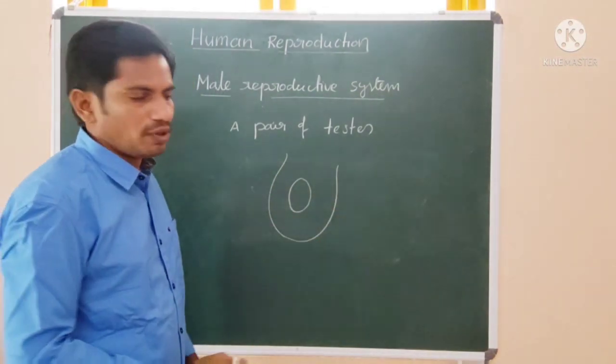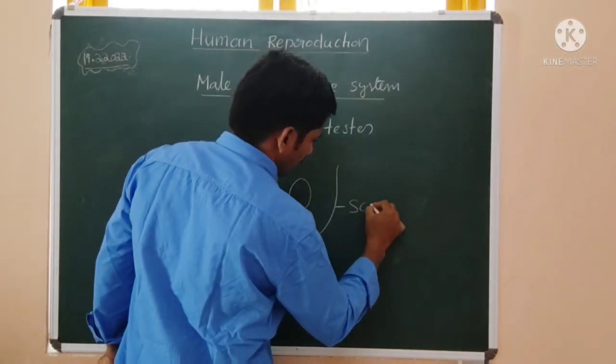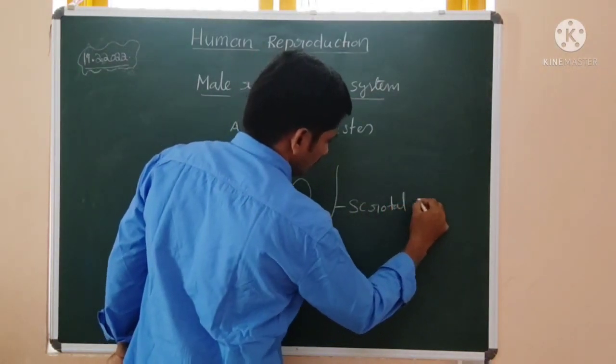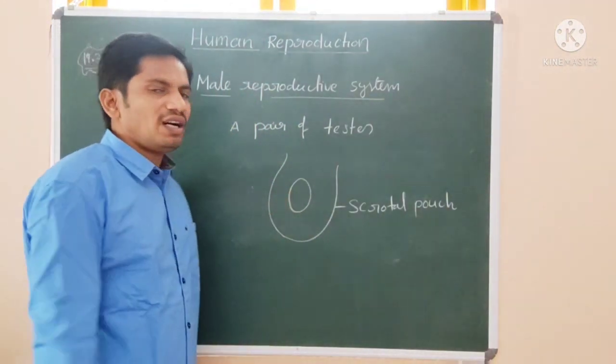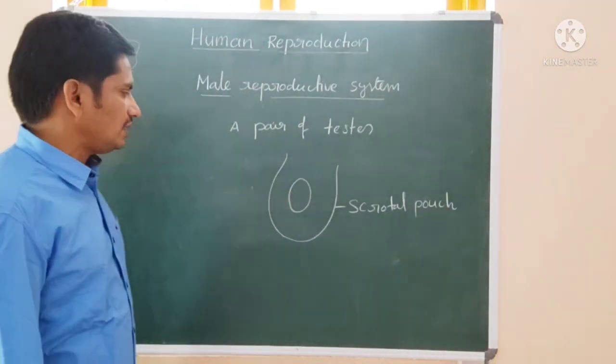This is the scrotal pouch. In the scrotal pouch, one pair of oval shaped testes are present.